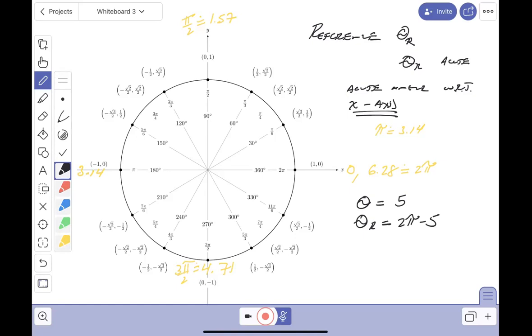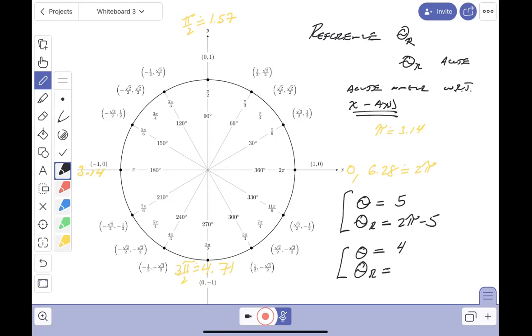Let's do another one. This is the first example. Let's do a second example. Let's say I said theta was 4. Right? 4 units. How could I get the reference?